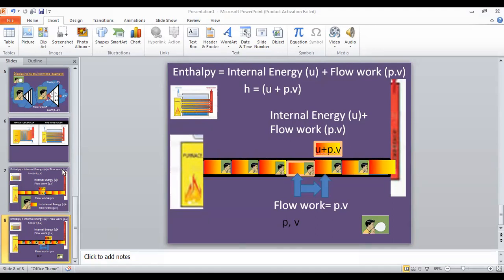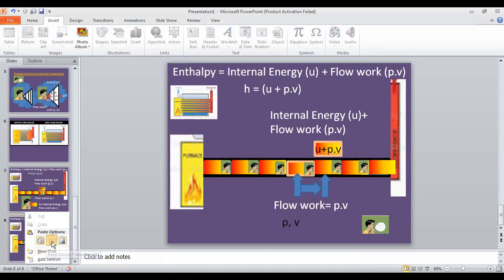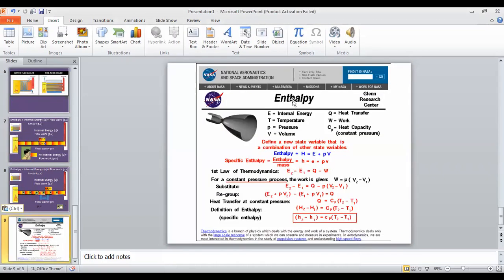I want to draw your attention to one more slide here, from the NASA website. So, enthalpy. I will highlight here the word "defined." Enthalpy is a defined property.